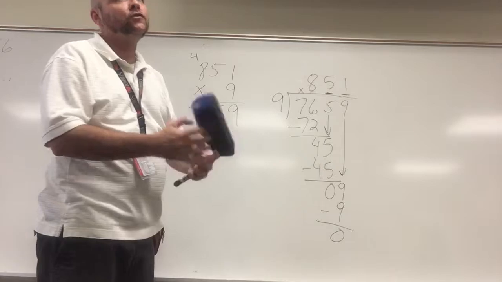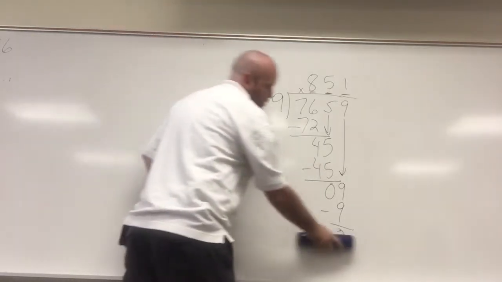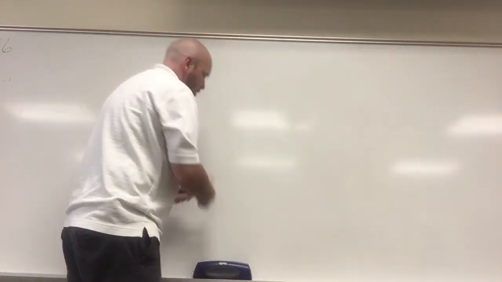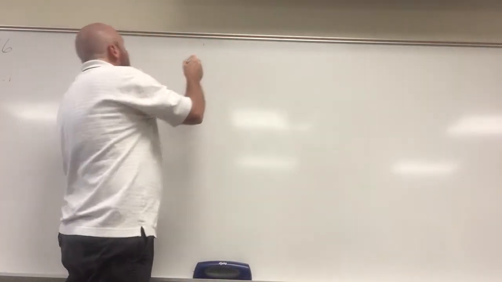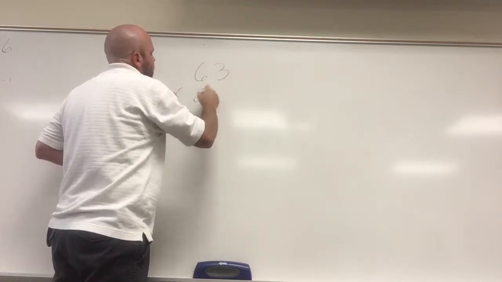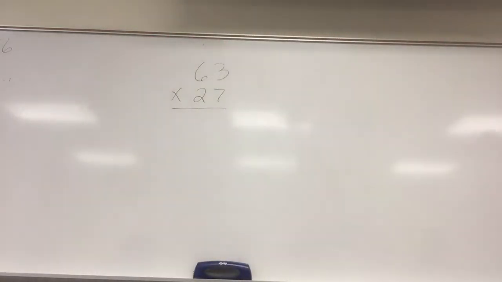We're going to do a 2-digit by a 2-digit, as long as I don't drop this. And I'm going to show you how extremely brilliant you are. Let's take 63 times 27. So write that on your paper. 63 times 27.